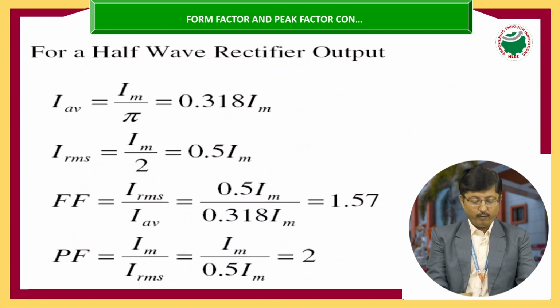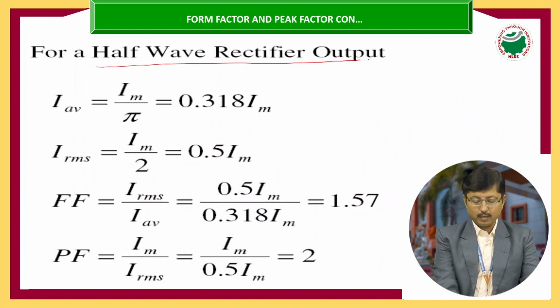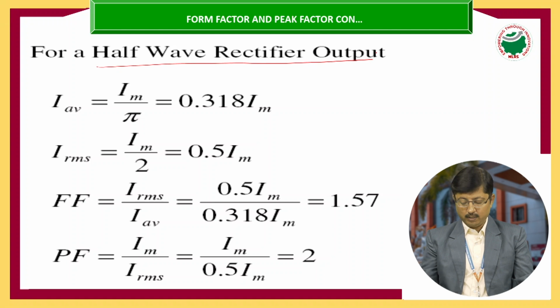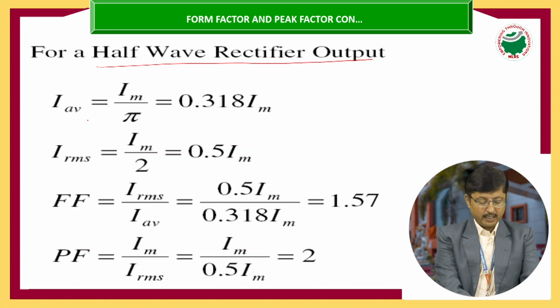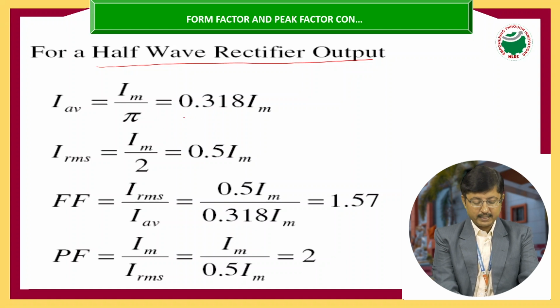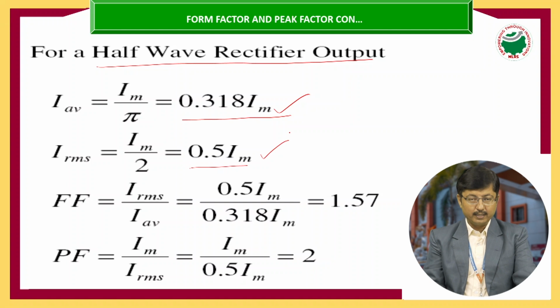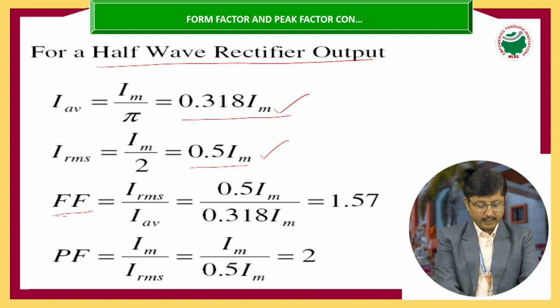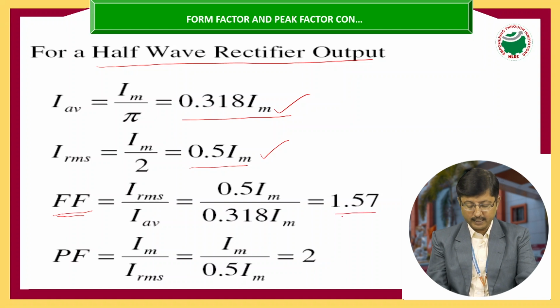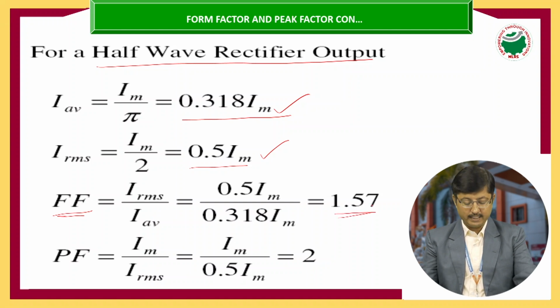Next, coming to the half wave rectifier type output waveform. For half wave rectifiers, we have just calculated the average value Im by pi, which is equal to 0.318 Im, and IRMS is nothing but 0.5 times Im. If we calculate the ratio of RMS by average, that is the form factor, we get 1.57.